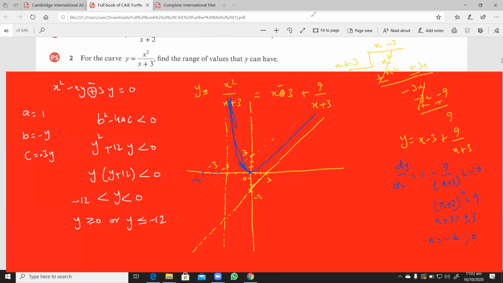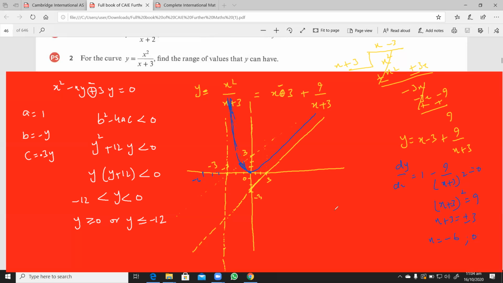The other part is going to be, if I had taken an appropriate scale over here, then I could have shown it. Now put that minus 6 into this equation here.